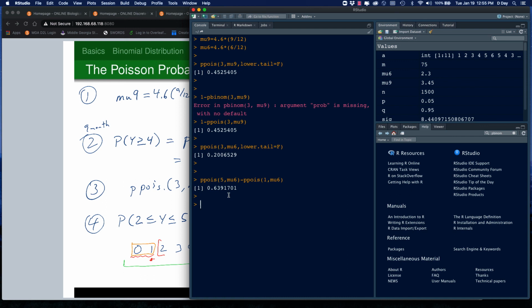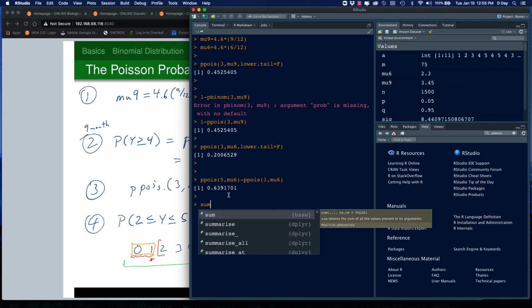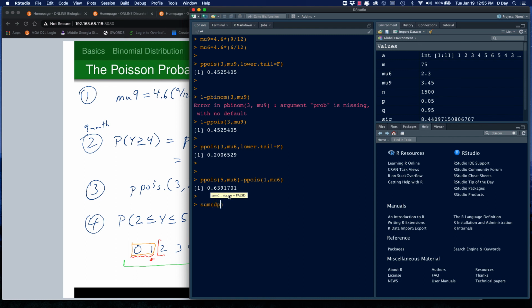The one alternative way, and we'll be done, that you could have gotten this, is to use the sum command and the dpois function instead. Inside the dpois function, you don't have to just enter one number. You can enter a series of numbers. So this is a quick way to do this as well.